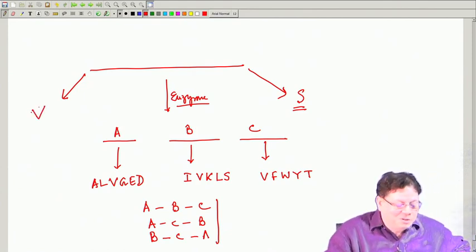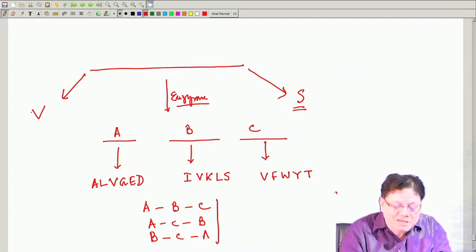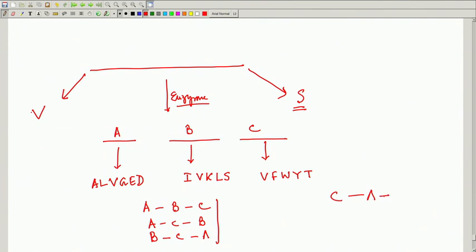So, now you know that if V is the first amino acid, it has to be C followed by A followed by B, because S is the last amino acid and V is the first amino acid. So, in this way you can do it, but if the fragments are more, then there is a problem.